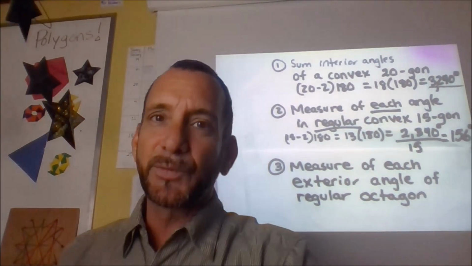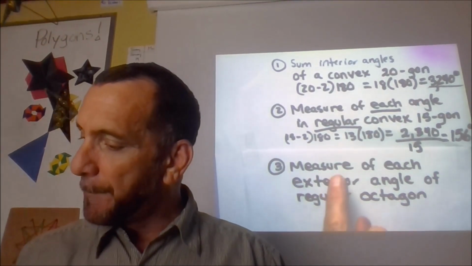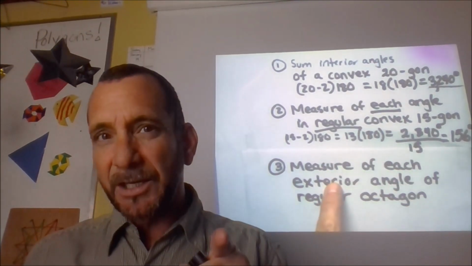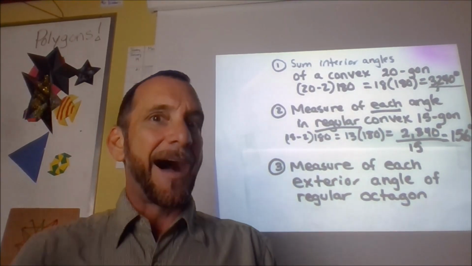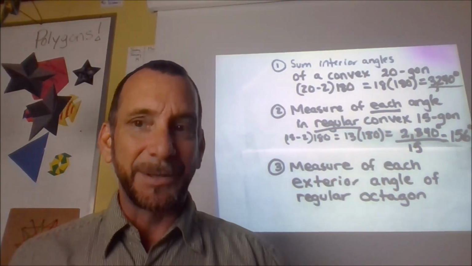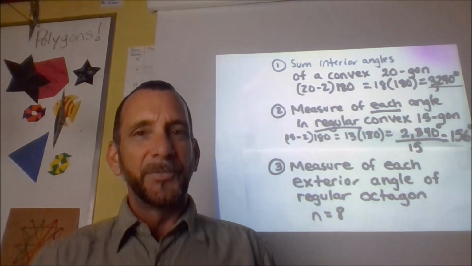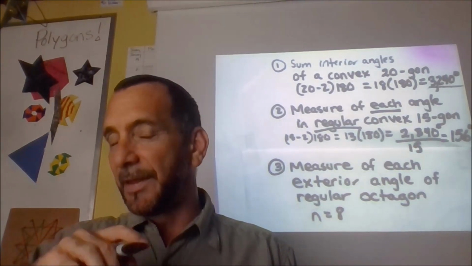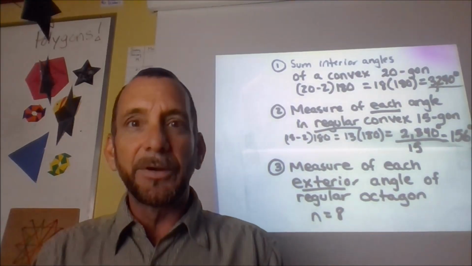Now take a look at this one because it's pretty easy, but you gotta read and think. Measure of each exterior angle of a regular octagon. Octagon, 8-sided polygon, 8 sides, n equals 8. Now, we know that the sum of exterior angles is that magic number, 360.